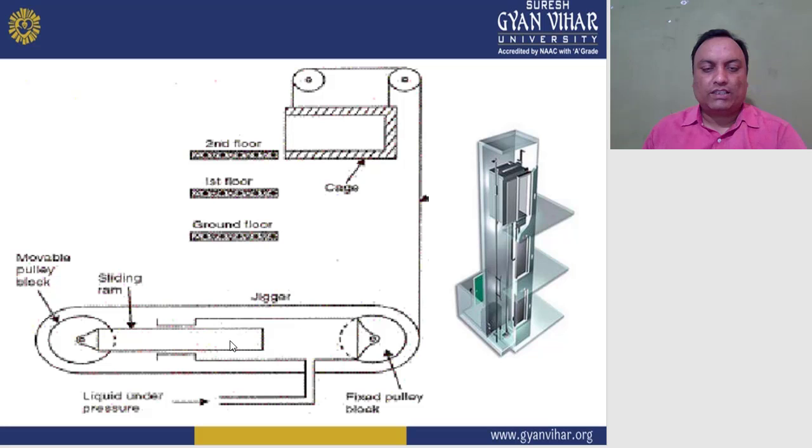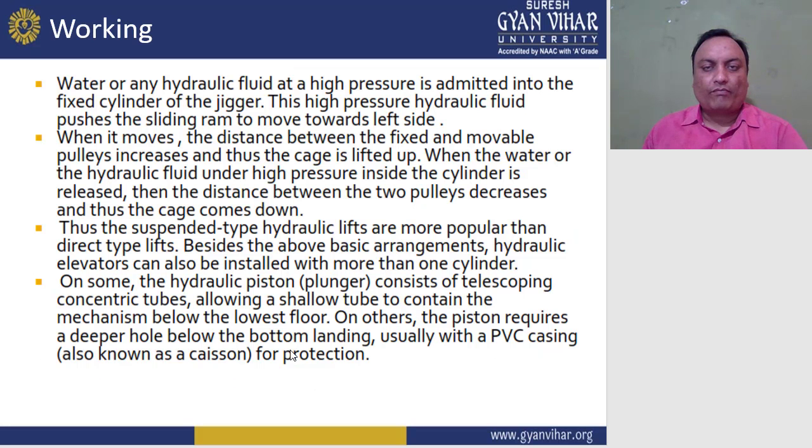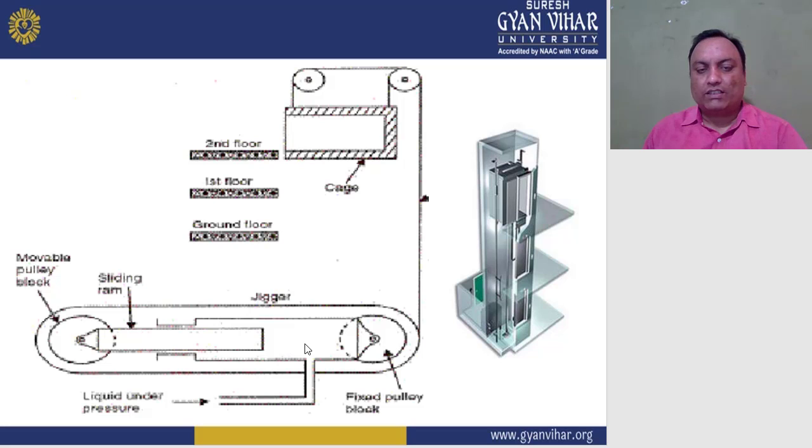Suppose this is the jigger construction, right? And this high pressure hydraulic fluid pushes the sliding ram to move towards the left side. Suppose in this condition, this ram or sliding ram or piston is moved from right to left side.